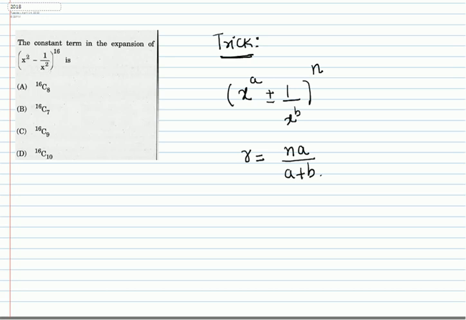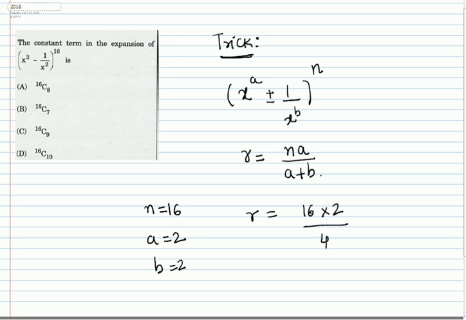Keeping this in mind, let us understand here what r is equal to. Here n is equal to 16, a is equal to 2, b is also equal to 2. Therefore r must be equal to 16 into 2 divided by 2 plus 2 is 4, 32 divided by 4, which is nothing but 8.